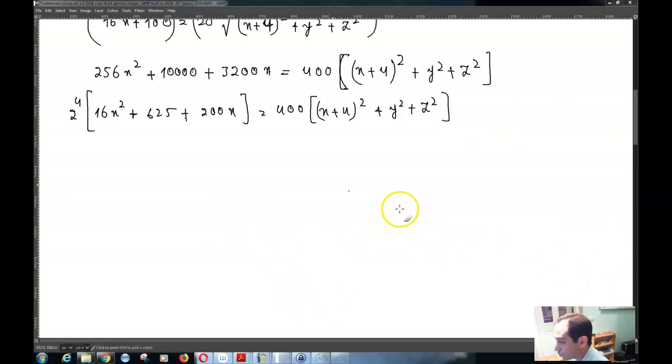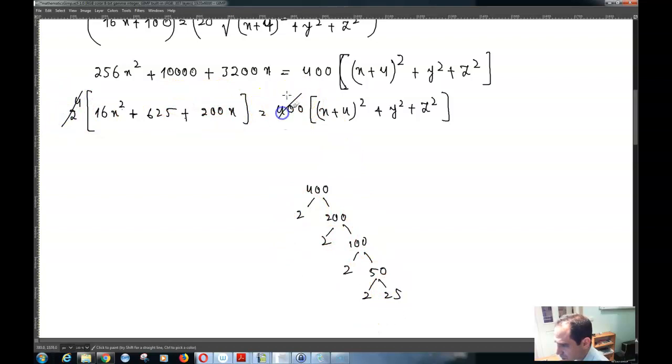then what you can do now, 2 raised to the power 4 and 400, let's divide these two first. So 400, you have 2 times 200, 2 times 100, 2 times 50, and 2 times 25. So that's 2 raised to the power 4 times 25.